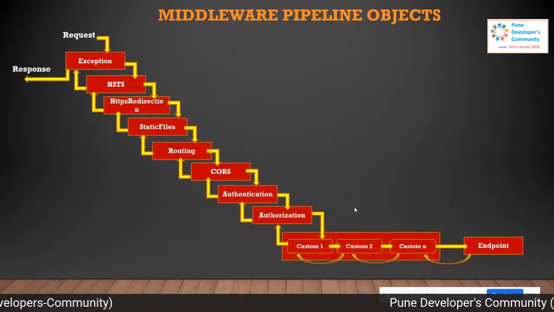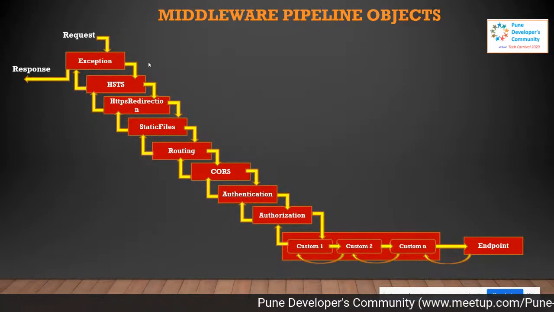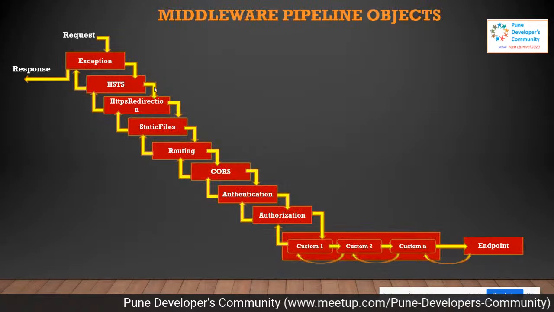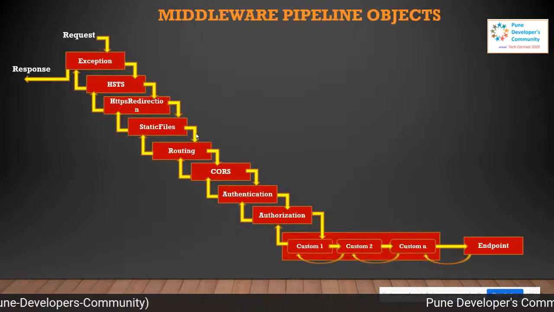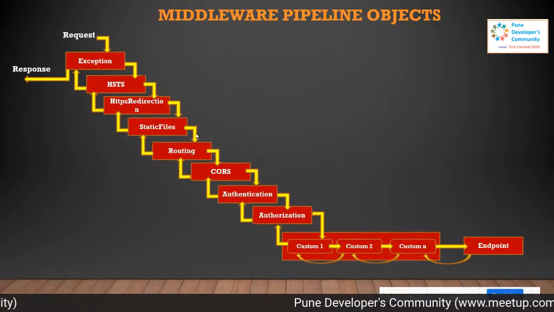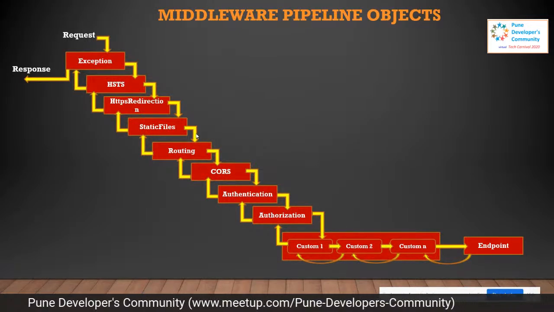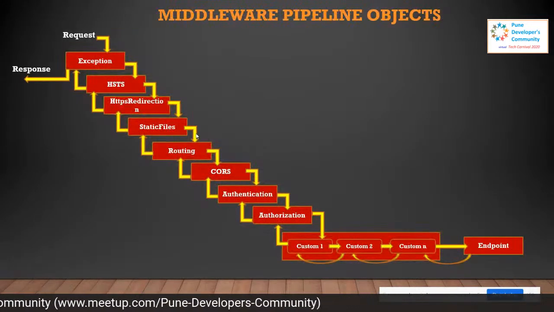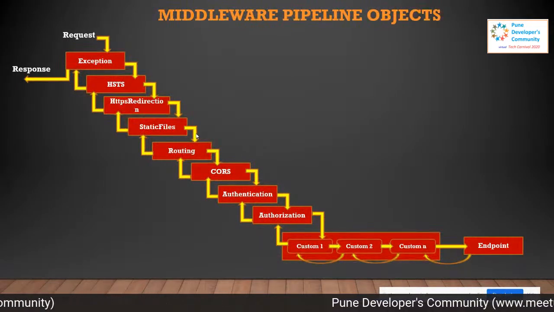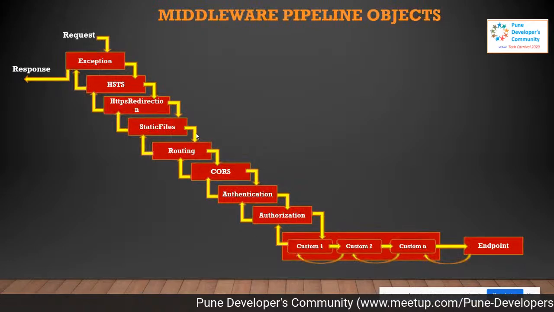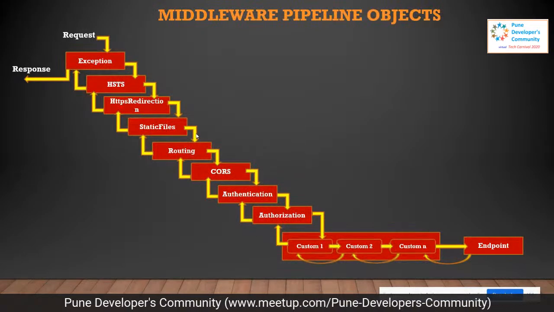If that method is executed successfully, it will proceed to the next delegate in the pipeline. I'll repeat, every middleware object is constructor injected with a request delegate, a delegate that accepts HttpContext. So now the Invoke method, or InvokeAsync, from that middleware object will be executed.